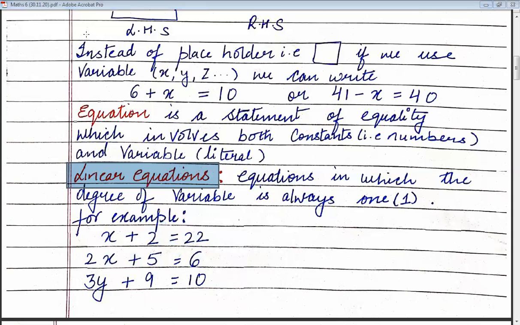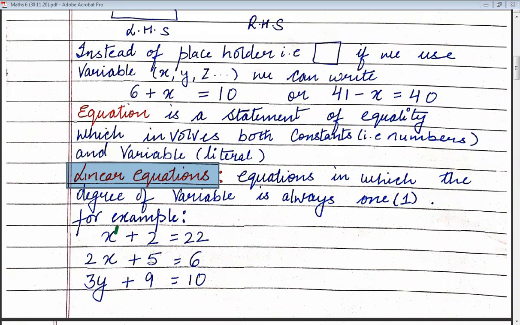Now we will discuss what you mean by linear equation. Look at the very first example, x plus 2 is equal to 22. In the variable x, what is the power of x? It's 1.